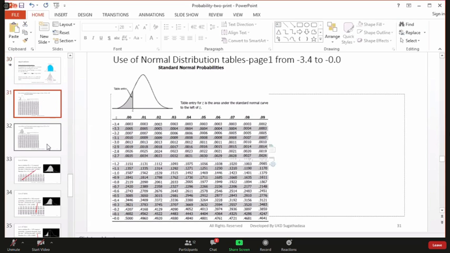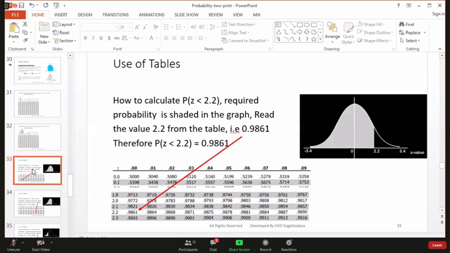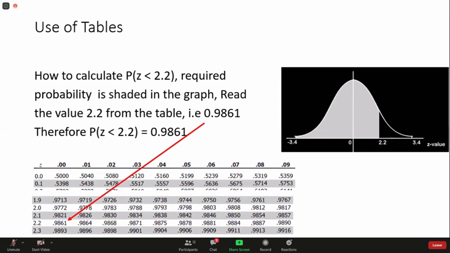These are the tables we saw earlier. Now I think from here onwards we can use the PowerPoint slow because I just want to enlarge the screen. See how to calculate Z less than 2.2, right? We want to calculate using the diagram.